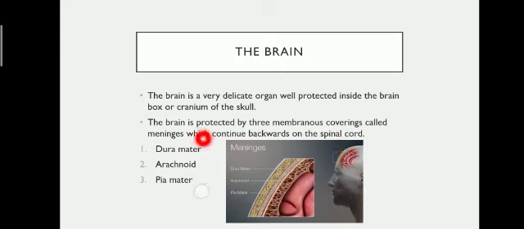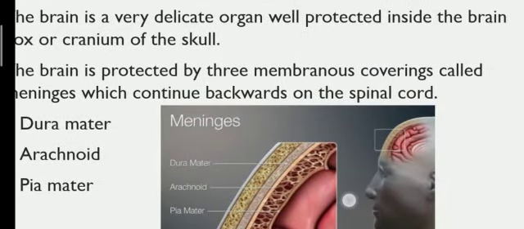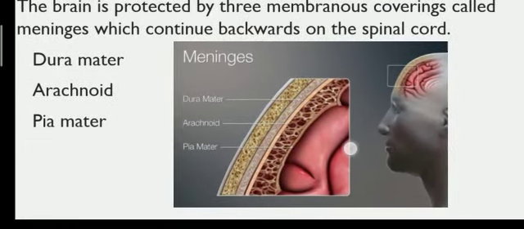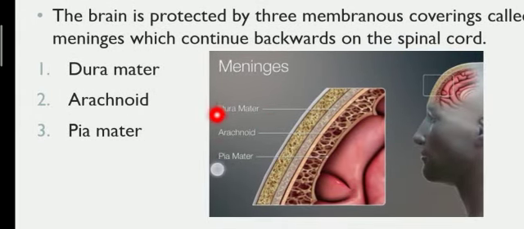Now meninges, as I said, consists of three membranes. That is dura mater, arachnoid, and pia mater. If I zoom out this picture, you can see that dura mater is the tough fibrous membrane which is present right below the skull or cranium.